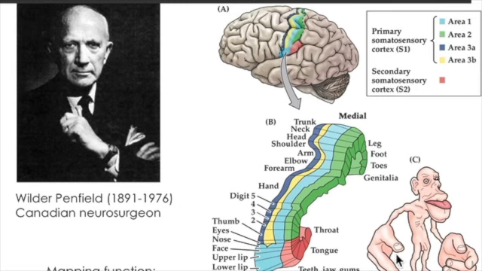You can see that the more sensitive parts of the body tend to be larger. Our lips are quite sensitive, our fingers are quite sensitive, and the torso is not so sensitive. This rather funny-looking person is the somatosensory homunculus, which represents the amount of neural real estate dedicated in the somatosensory cortex.